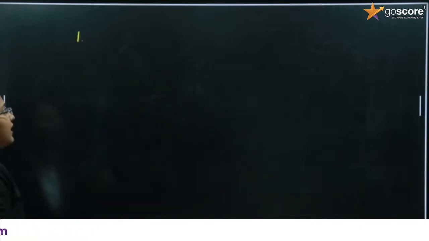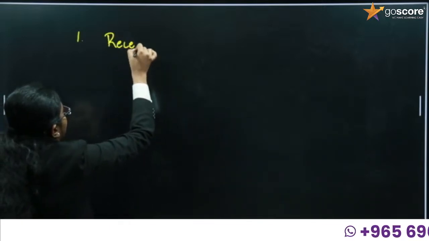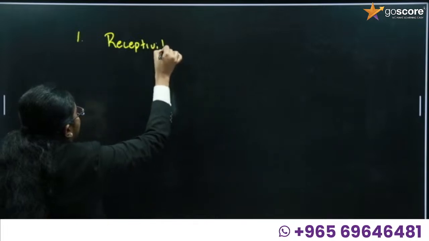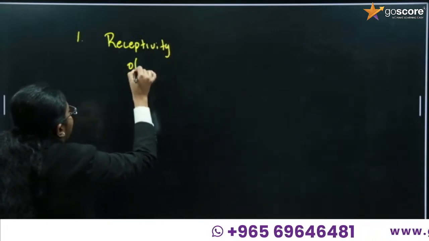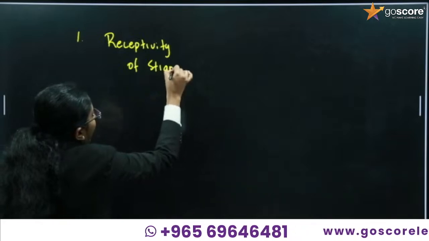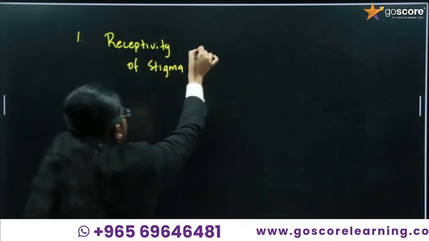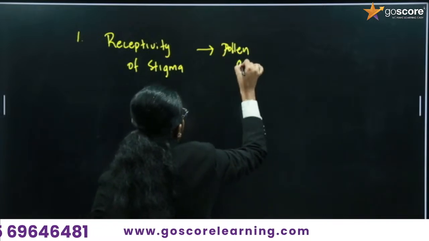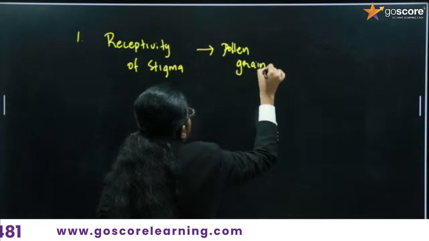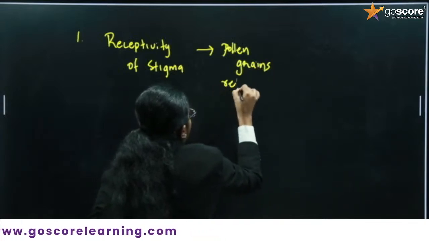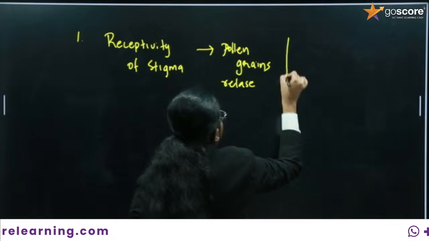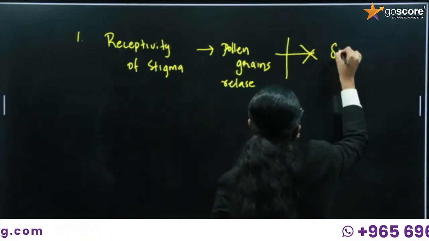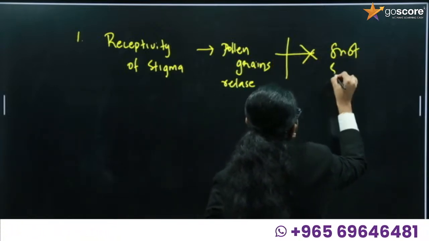In total there are 4 techniques. The first technique is that the receptivity of the stigma and the release of pollen grains are not synchronized.